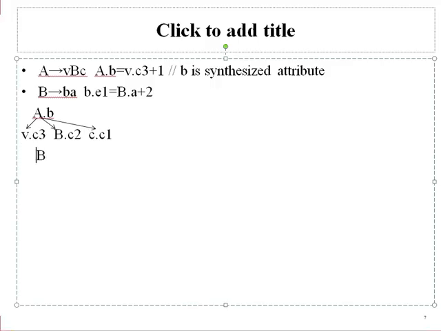B is the parent having the attribute A, and under B we have here small b as one child, then small a as another child.